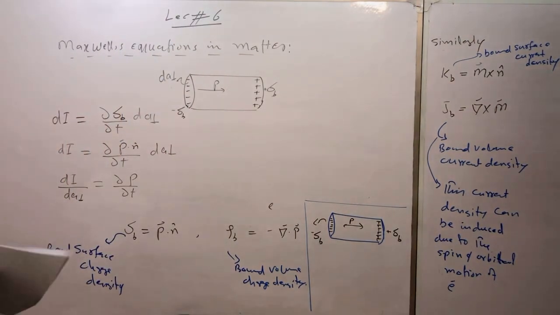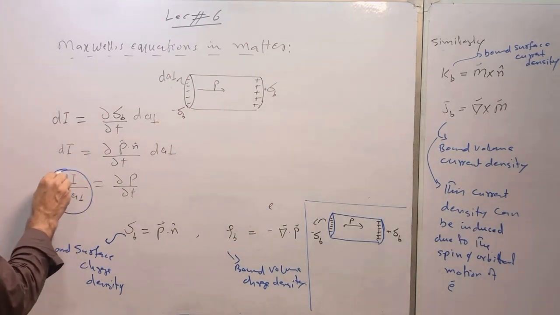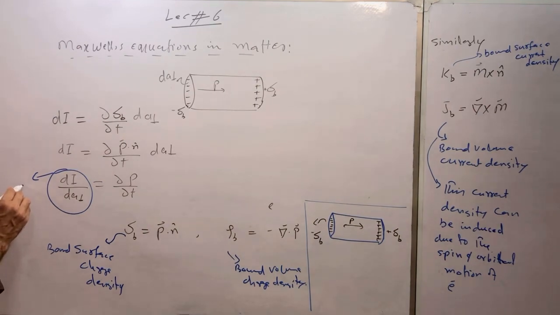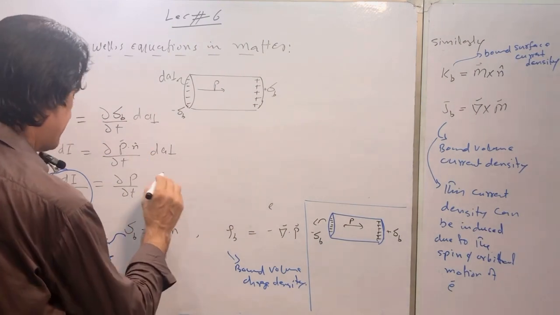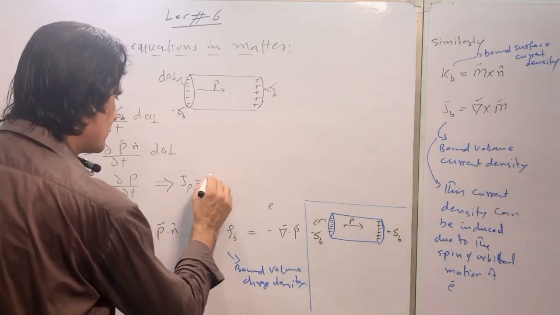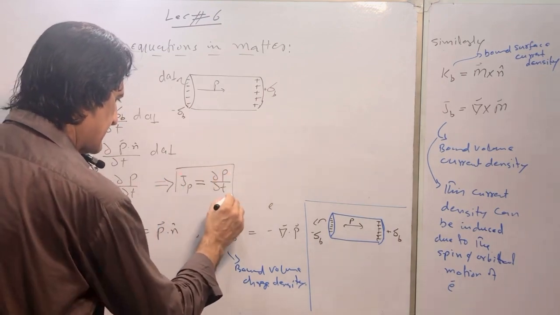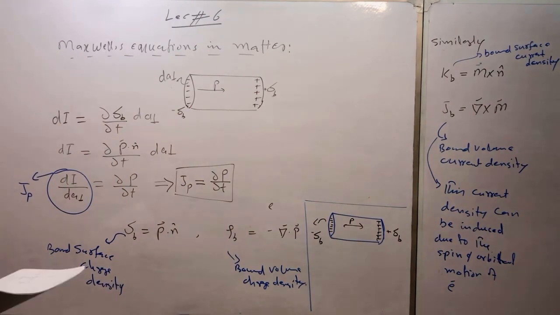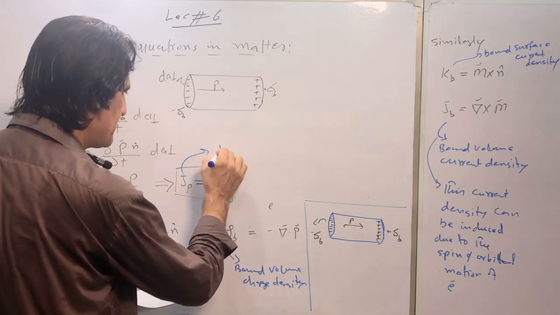This current is known as the current generated due to polarization, and we may call this Jp. Further, this Jp is equal to partial P over partial t. This current is known as polarization current.